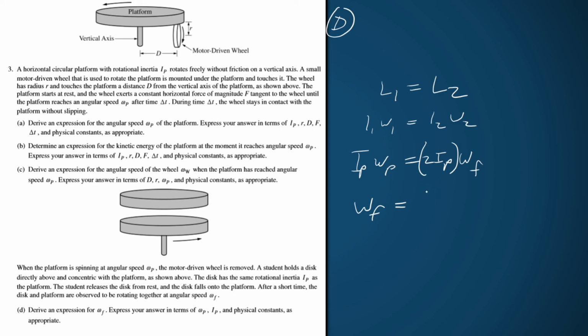IP times omega P over 2 IP. I think the IPs are going to cancel. Okay, so this is just omega P over 2.